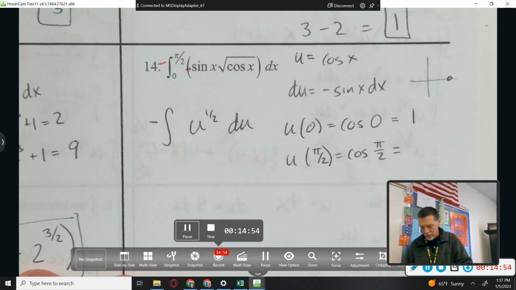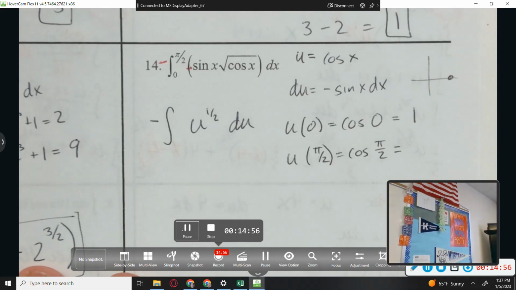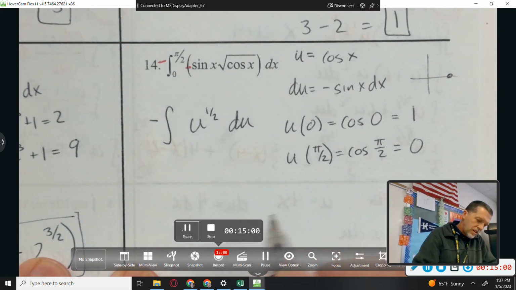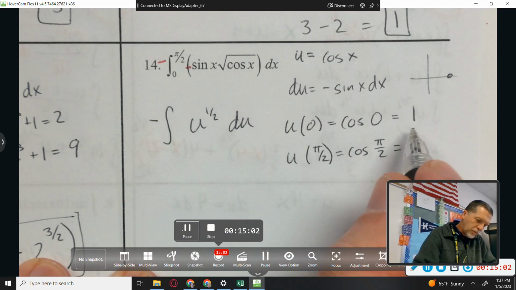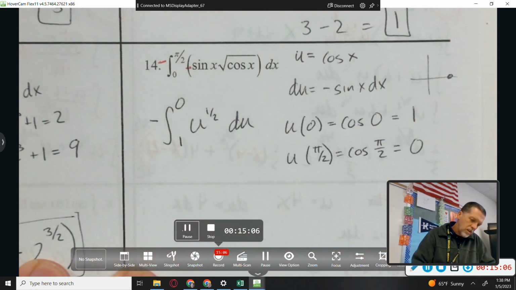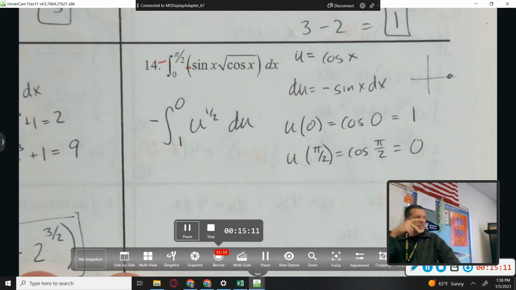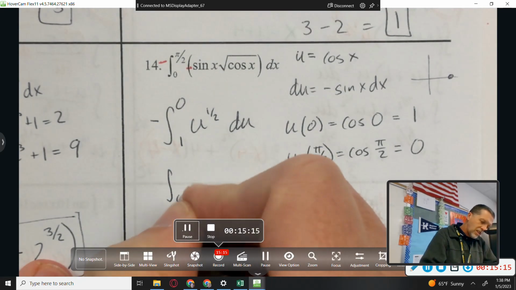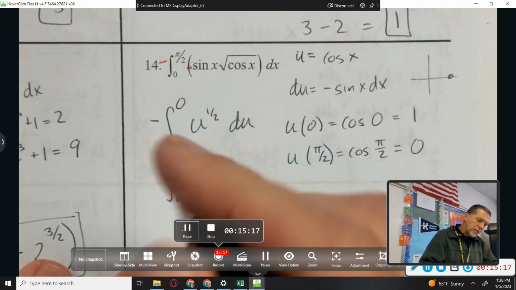That one's not on the board. 0. Okay, be careful. Make sure you put these in the right spot. 1 to 0. Oh, we got this switcheroo thing going on. That looks like they're out of order, but there's a negative sign in front, so I can use the negative to flip them.